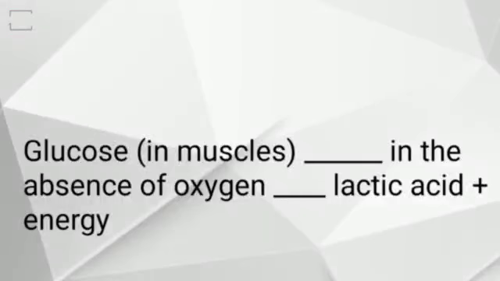Remember that. The formula: glucose in the muscles, in the absence of oxygen, gives lactic acid plus energy. Energy will be obtained, but only lactic acid is produced.